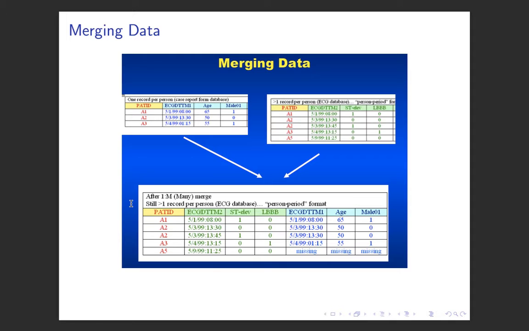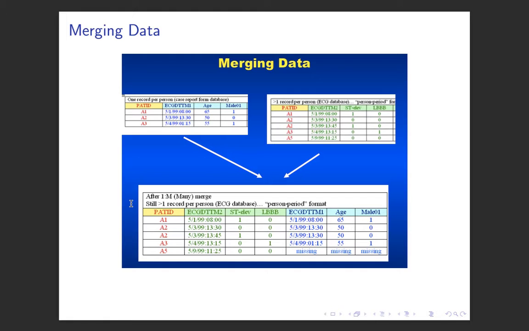So you label whether or not they have an ST segment elevation, and then LBBB is left bundle branch block. So that's again a particular kind of restriction in your heart, and that's a 0-1 variable as well.